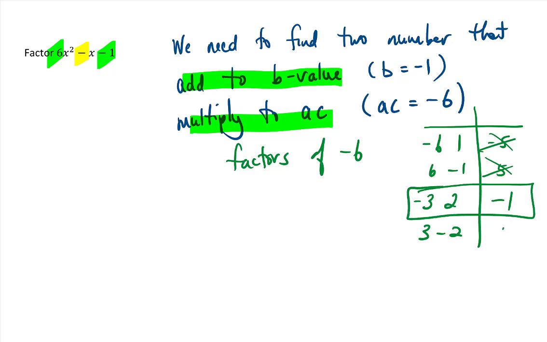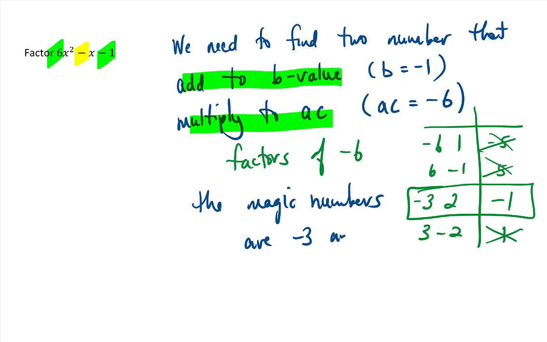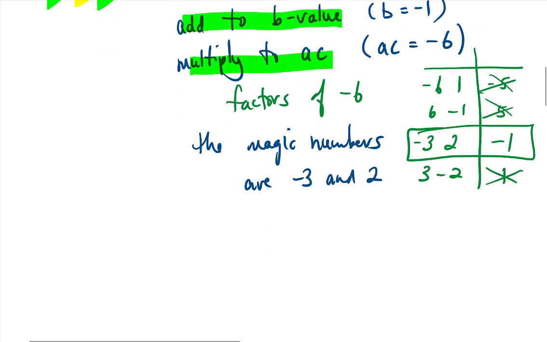And if we look at the last one, that would have been positive 1. That doesn't work. So we see negative 3 times 2 gives us our negative 6, and if we add those two numbers together, they give us negative 1. So I call these the magic numbers. So the magic numbers are negative 3 and positive 2. So what do we do with them?